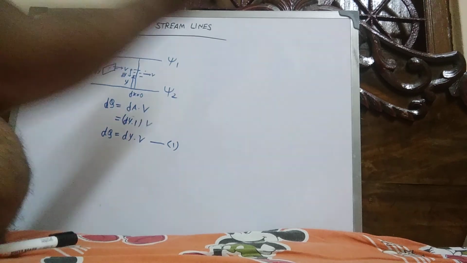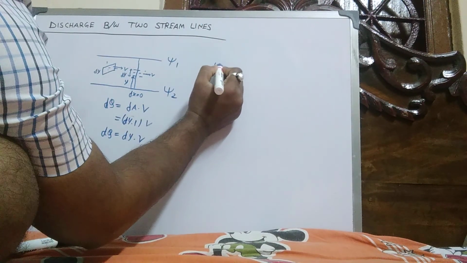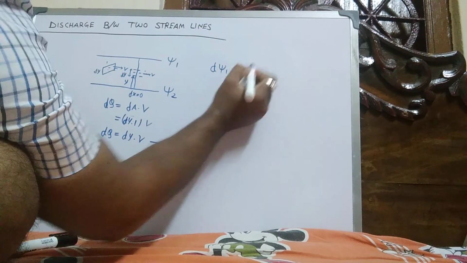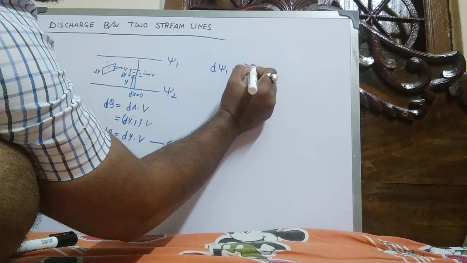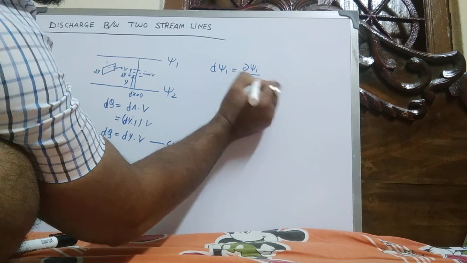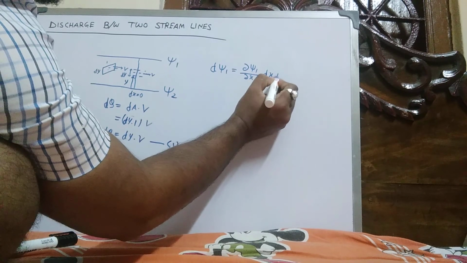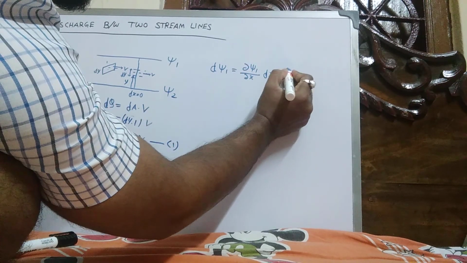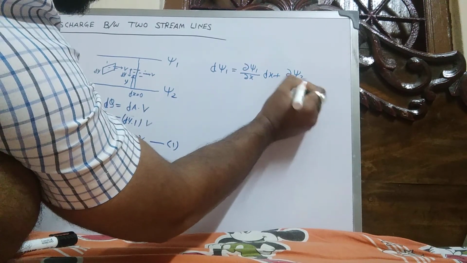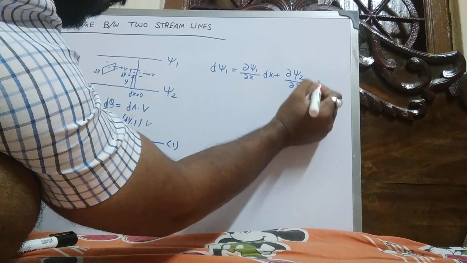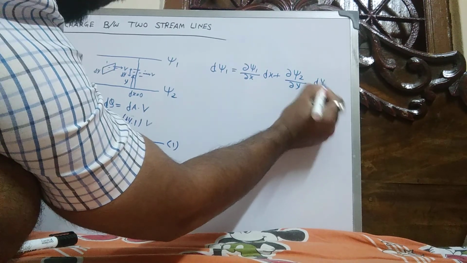And another, d phi by dx into delta x into dy.